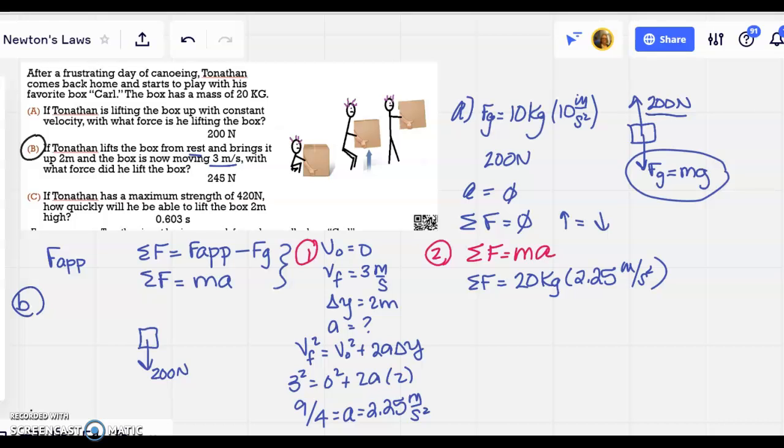I'm trying to remember what it comes out to be. 45 newtons. And so we know that we have this box and it's 200 newtons. We want it to accelerate upward. So whatever this force is, it has to overcome gravity, which is 200 newtons, plus the 45 newtons to make it accelerate. And so that would be 245 newtons would be the force that has to be applied.